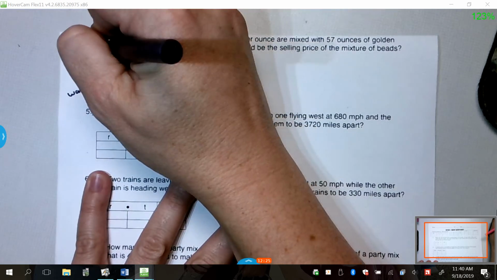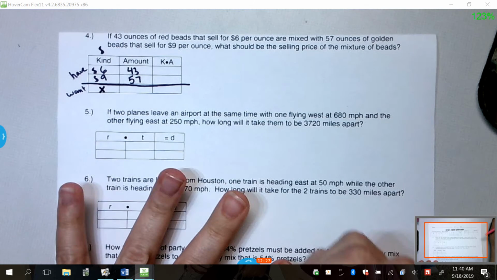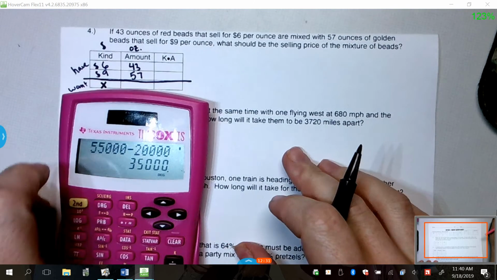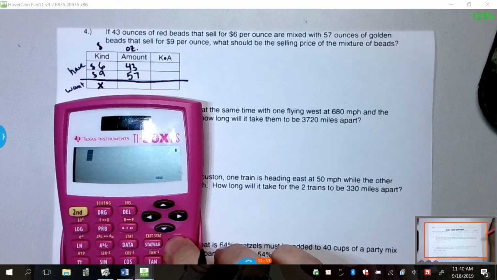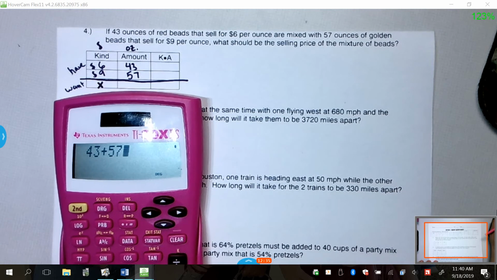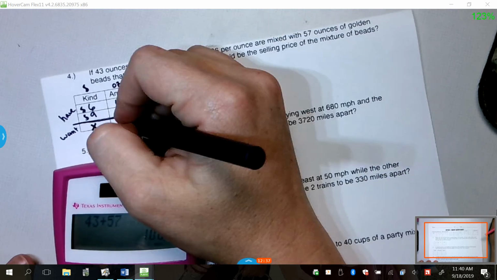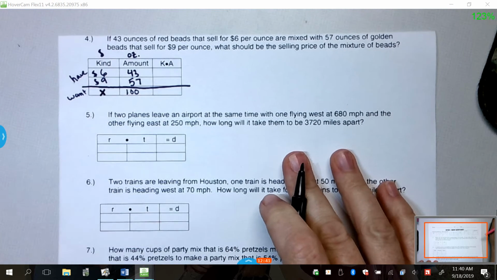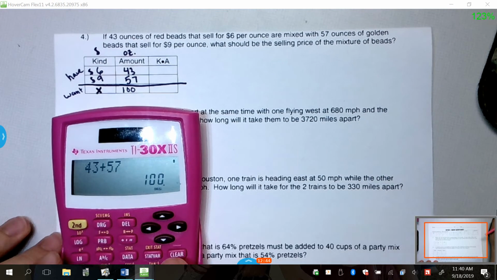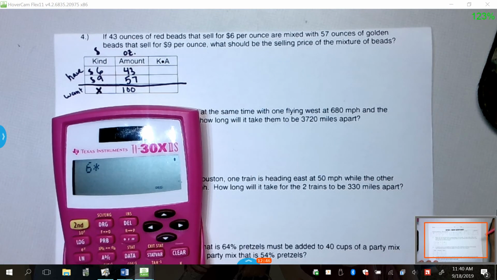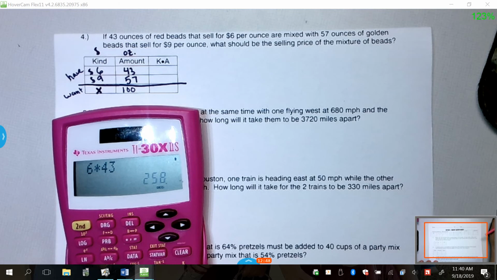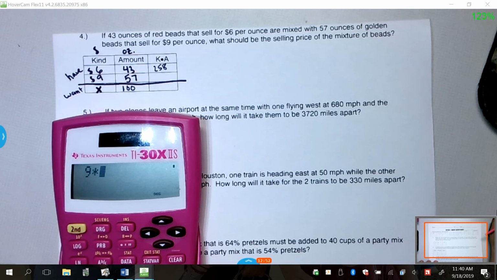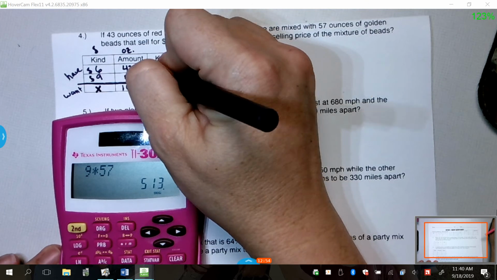In this one, our kind is our price, and our amount is our ounces. Remember, with amount you just combine, you add. So 43 plus 57 is 100. Then I'm going to multiply 6 times 43, which is 258. 9 times 57 is 513.